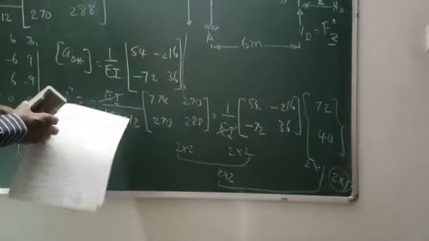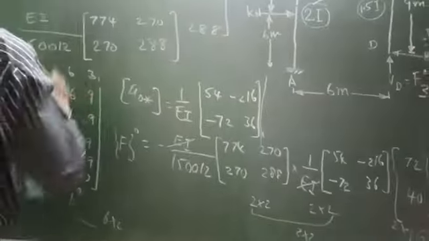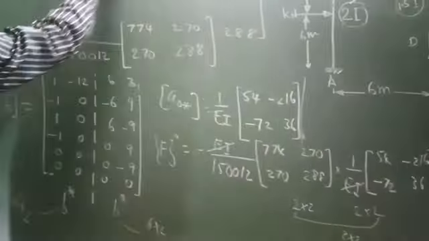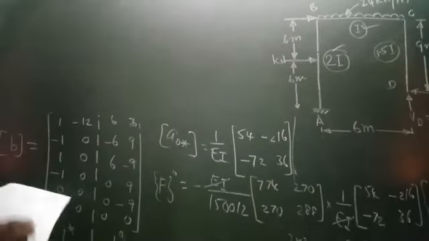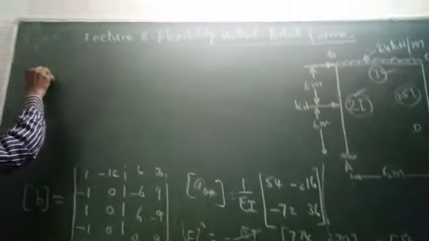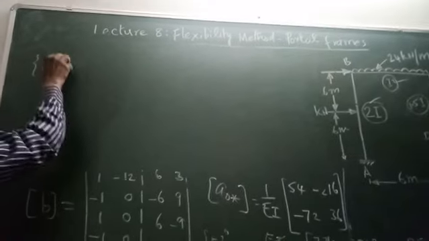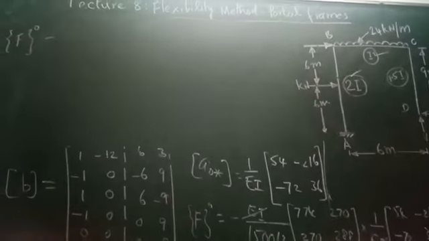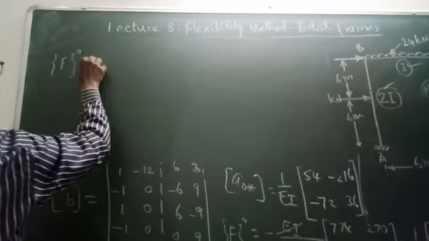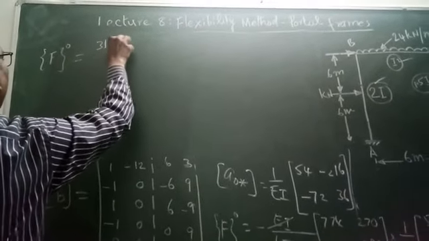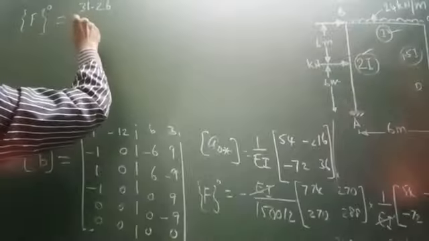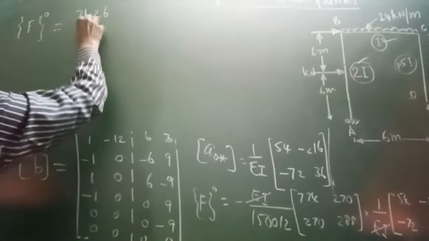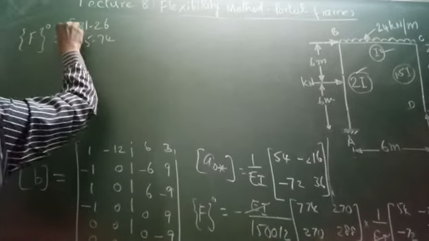After multiplying everything, we will be getting F naught equal to 31.26 and 15.74.